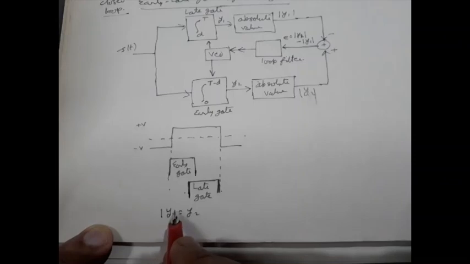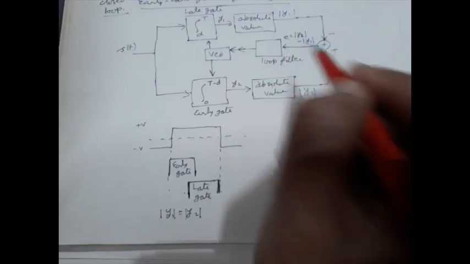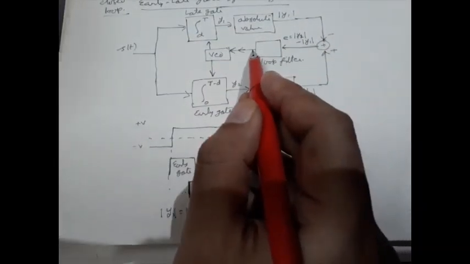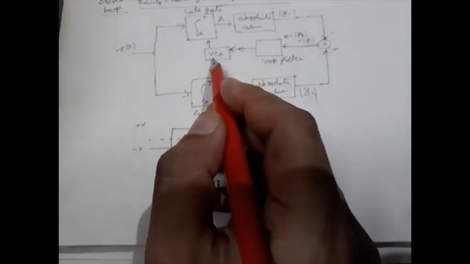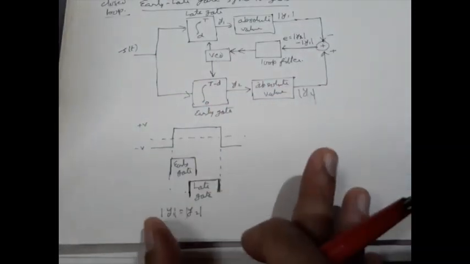So magnitude of y1 is equal to magnitude of y2. That means this E is now 0. So loop filter will produce corresponding output, and VCO will run accordingly, because since it is already locked, there is no change in the VCO frequency.